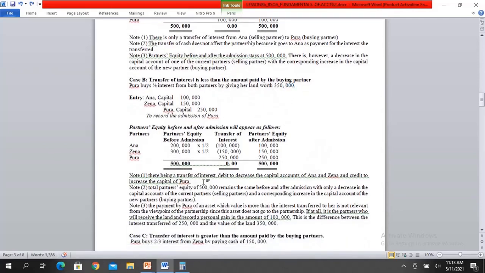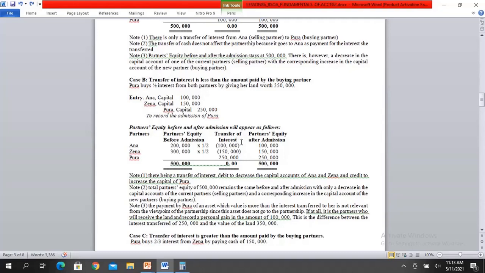Ngayon, titingnan natin paano yung computation. So, si Ana daw, tatanggalin natin, multiply natin sa 1/2, is 100,000. So, ito yung ibabawas natin sa equity ni Ana kasi ito yung binayaran ni Pura, ito yung binili ni Pura sa kanya. 1/2 interest from both partners.